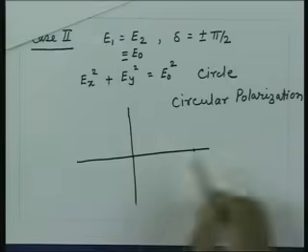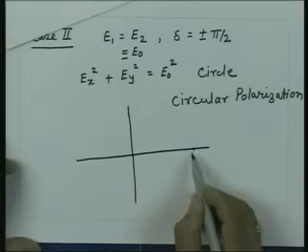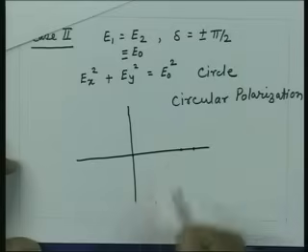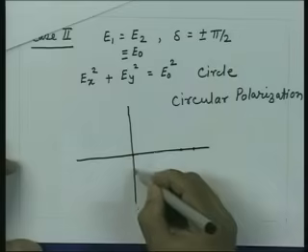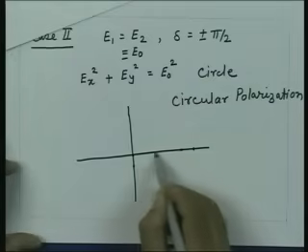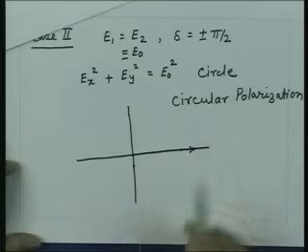If I take a time little later from 0, this vector would have changed from here to here, but this vector would have gone somewhere here. So, at t equal to 0, the resultant vector was lying somewhere here.